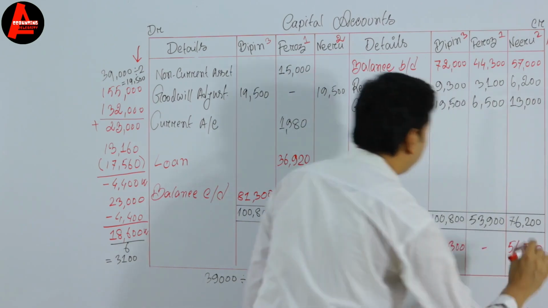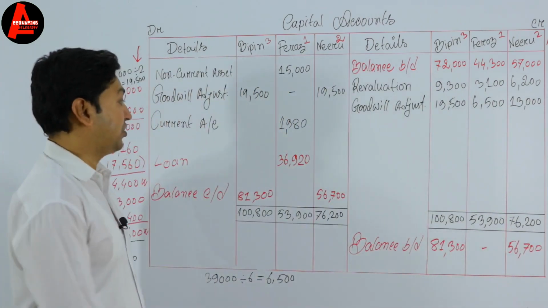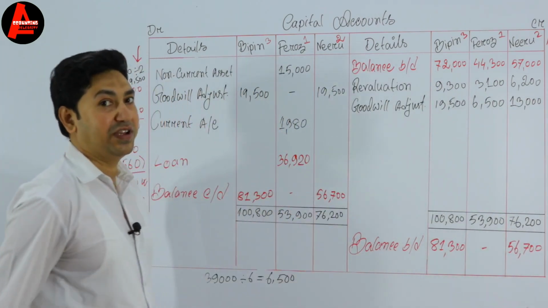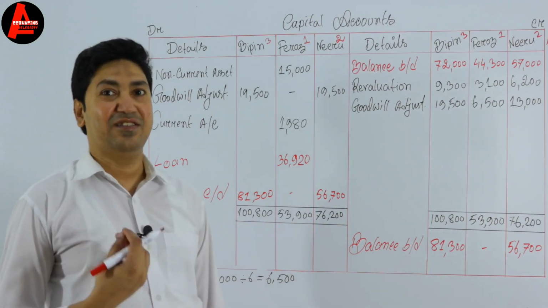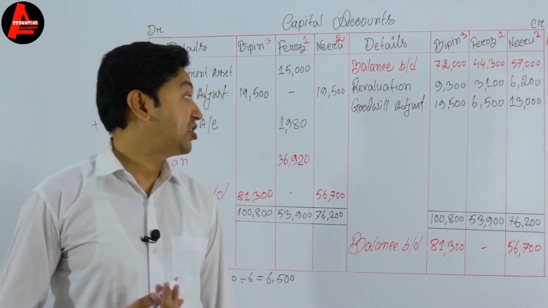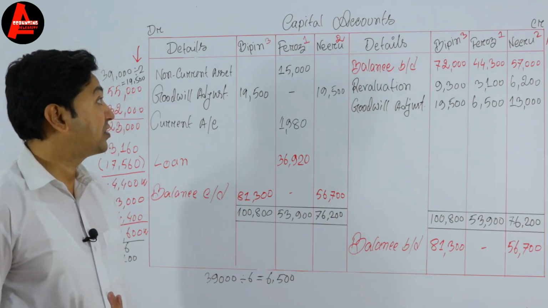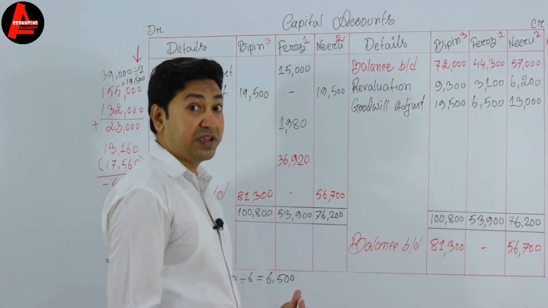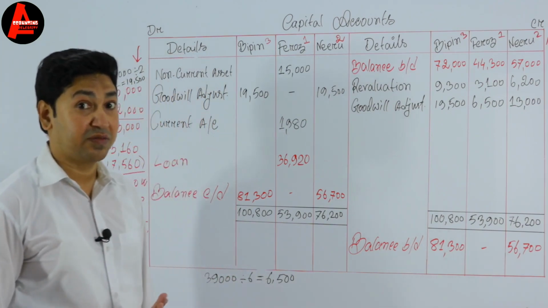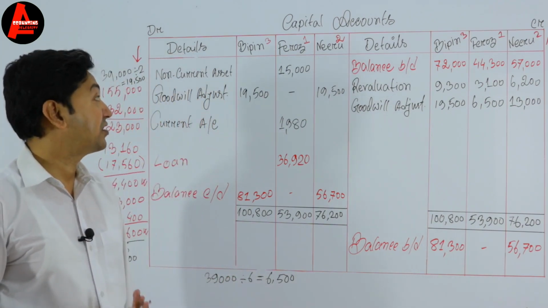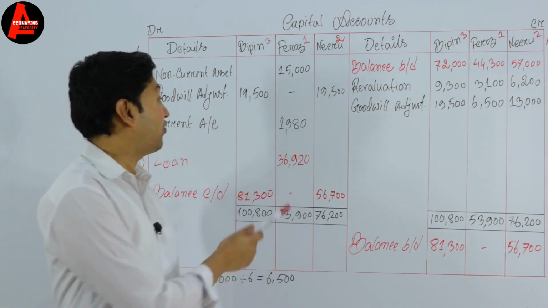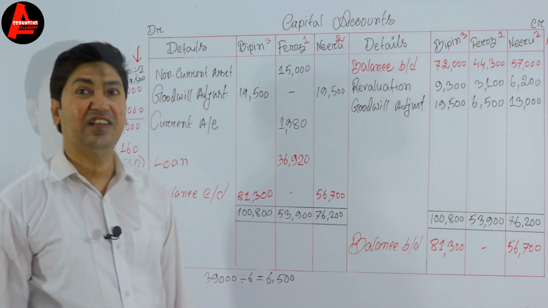No balance for Firoz because Firoz is no more in the business. He retired from the business. In the next tutorial I'll show you the second part of the capital account, meaning how much Niro has to introduce to the business or has to take from the business because he has taken the share of Firoz who retired from the business.